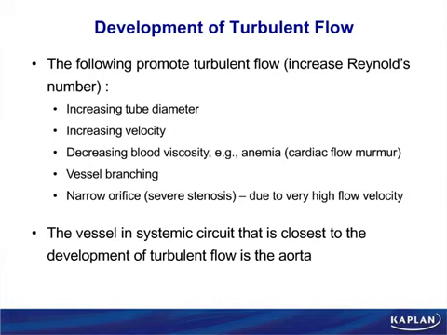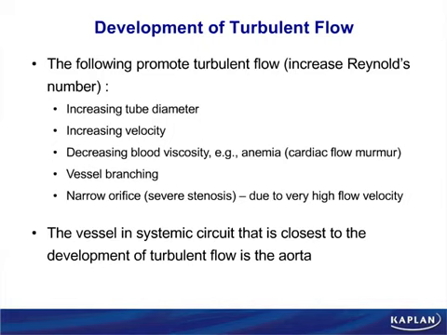If we think about anemia and the aorta, remember we said the aorta is a big vessel and it has a high velocity because it has a low cross-sectional area. So if someone becomes anemic and viscosity goes down, then they're much more likely to develop turbulence. And one of the places where we may develop that turbulence is, of course, the aorta.